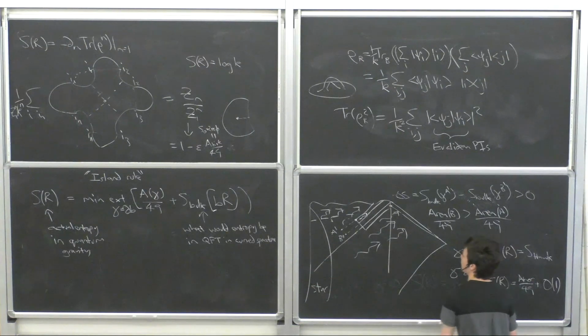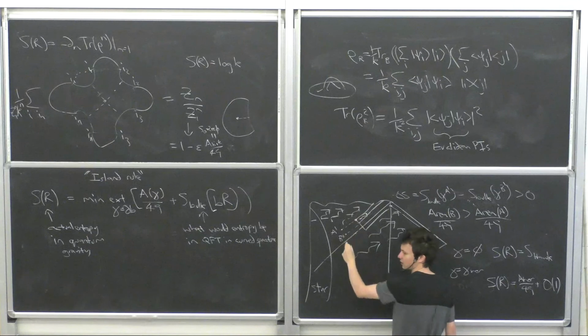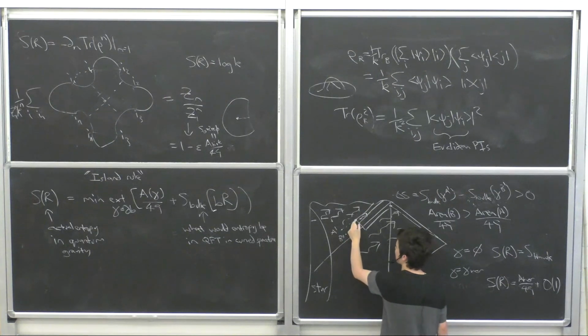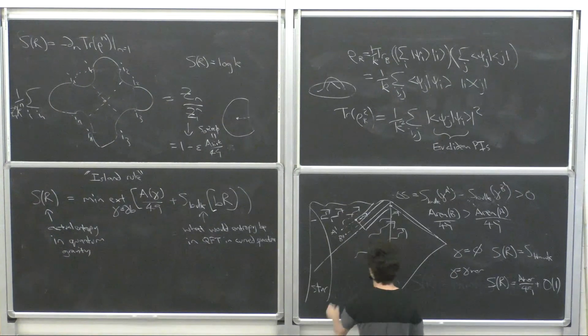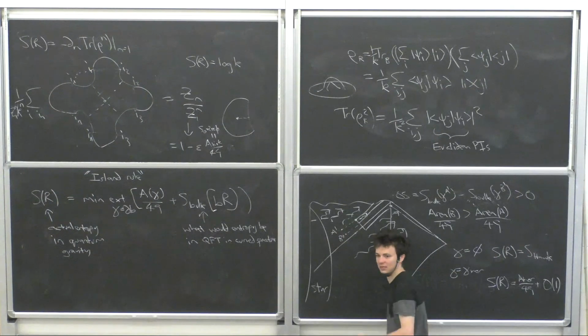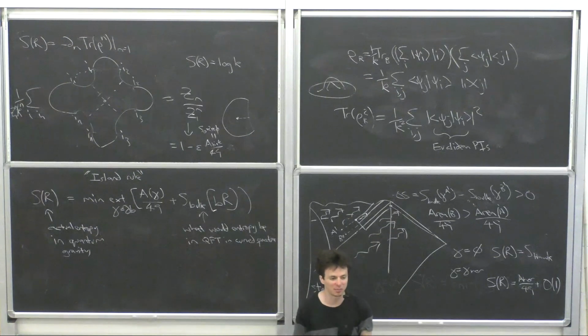On the other hand, if I go backwards along a light ray, something near the horizon actually gets exponentially close to the horizon in terms of the radial coordinate r. So the difference in areas between these two things gets exponentially smaller as I go backwards in time.